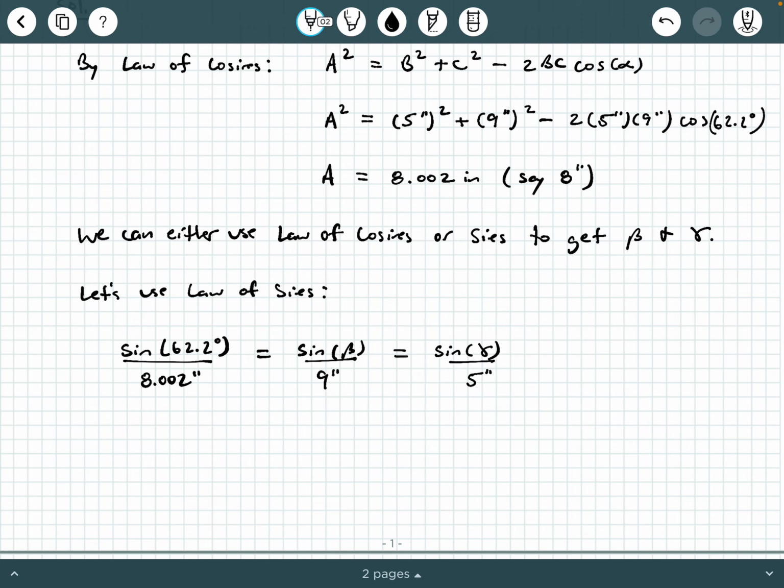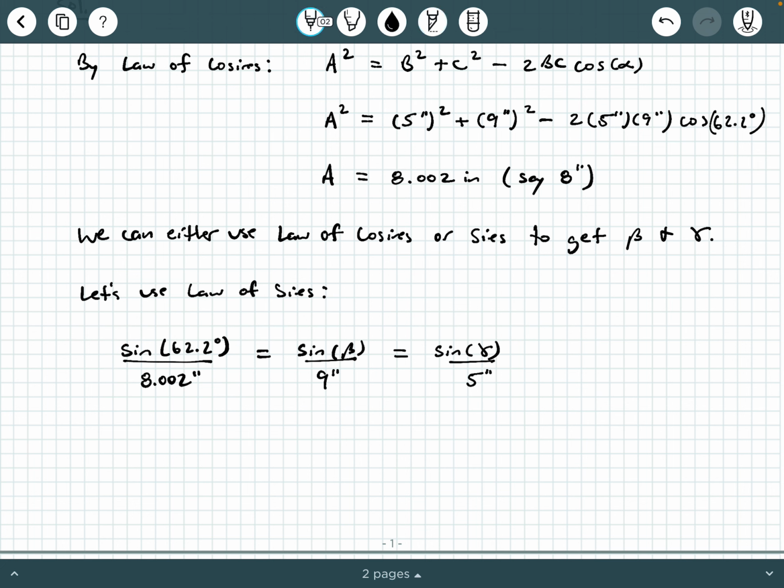And so what we can do is take this part of the equation and solve for beta, and then take this part of the equation and solve for gamma, separately from each other.